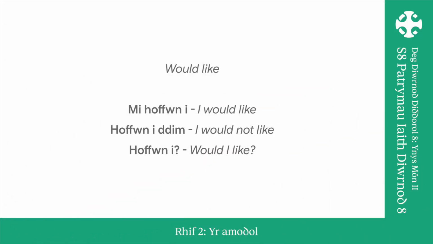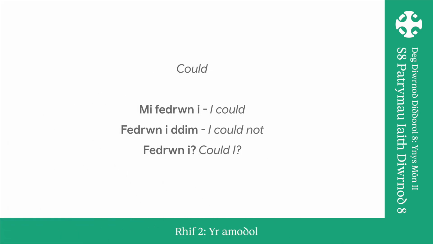Mi hoffwn i, I would like. Hoffwn i ddim, I would not like. Hoffwn i, would I like? Mi fedrwn i, I could. Fedrwn i ddim, I could not. Fedrwn i, could I?